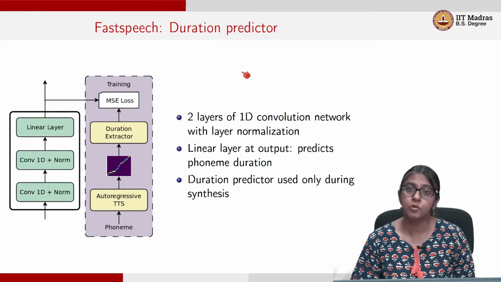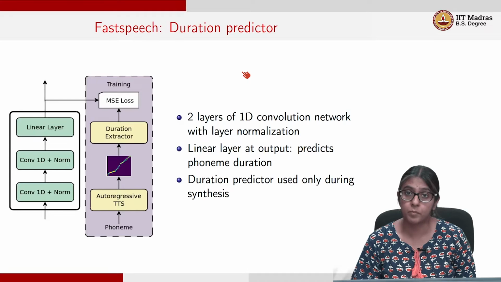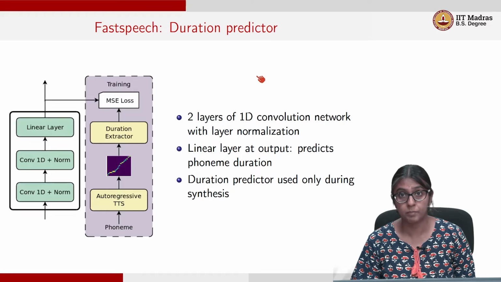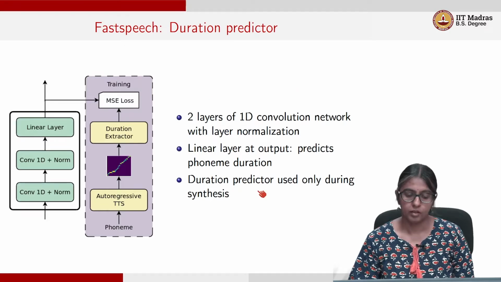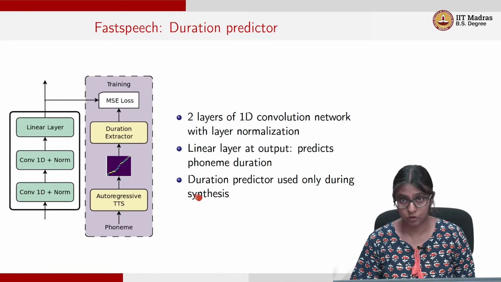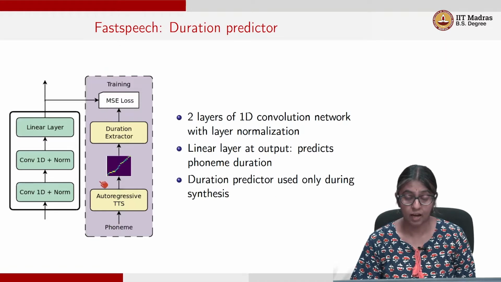So next, how do we produce or how do we predict the duration corresponding to each phoneme in the text? During training in FastSpeech, the duration predictions are obtained from a teacher model. The teacher model used is an autoregressive TTS. It could be the Tacotron 2 or some other autoregressive TTS like transformer. So you already have a trained system.